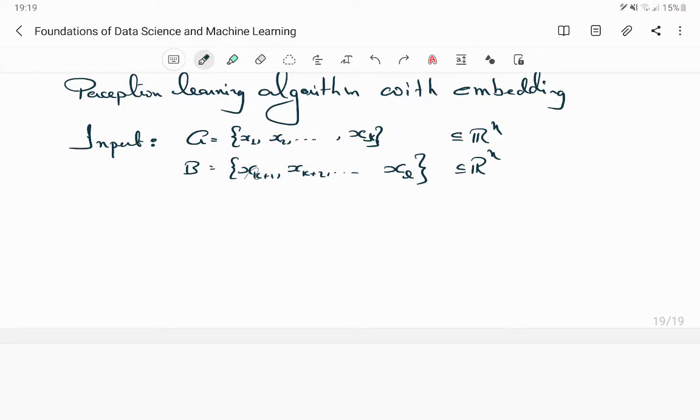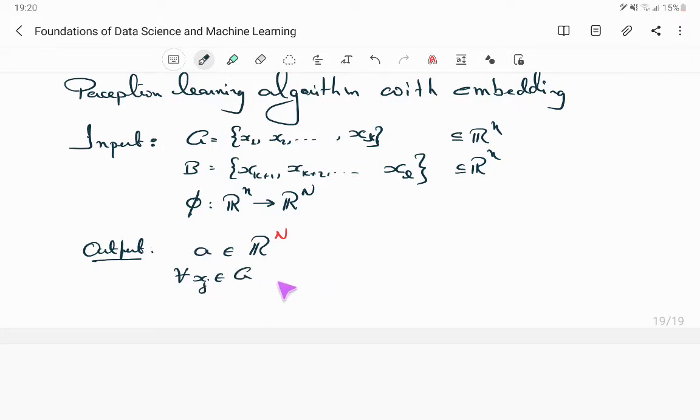But in addition, what else do you need? Now you also need this embedding function phi from your Rn to some higher dimensional space R capital N. In general, this capital N would be much bigger than the small n. Now, what is the output that you are expecting? The output is some a in R big N such that for all xj in the good set, the inner product of a with phi of xj is greater than 0, and for all bad points, the inner product of a with phi of x has to be negative.